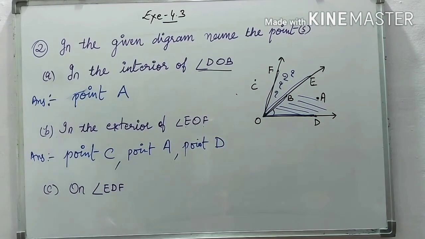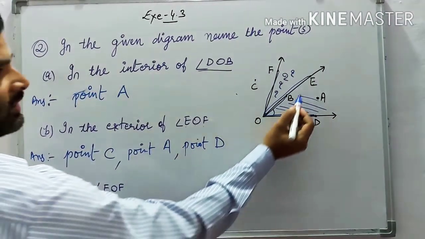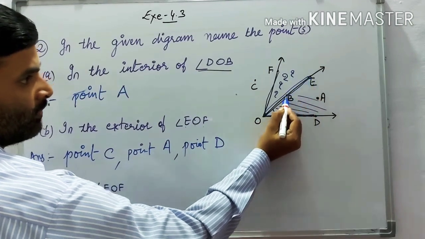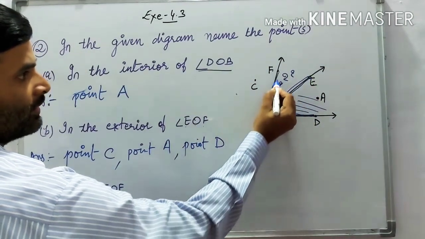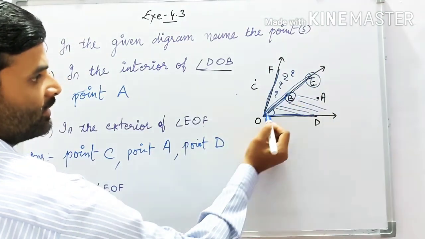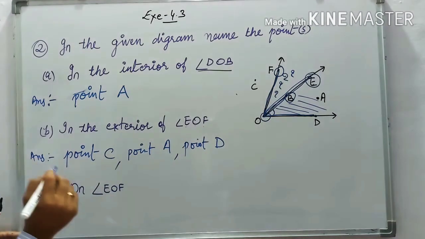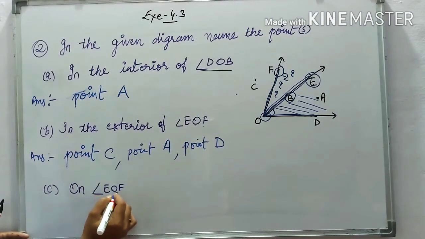The question is about EOF: E, O and F, so four points. The first point is E, second is B, third is O, and fourth is F. They are on angle EOF.